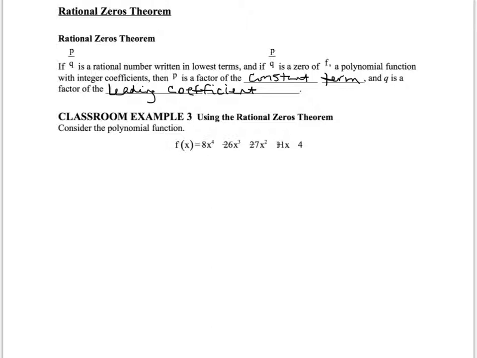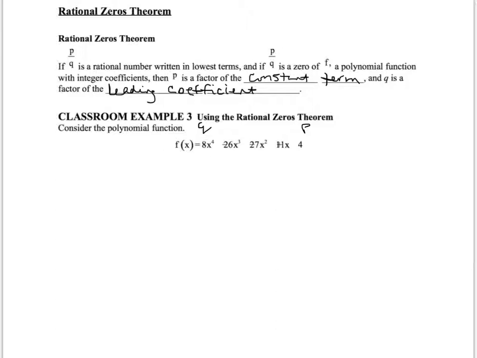We have 8x to the fourth minus 26x to the third minus 27x squared plus 11x plus 4. Now, that particular function means that our p-value is going to be the positive 4. Our q value will be the positive 8.